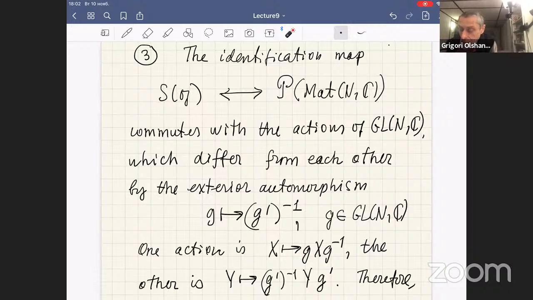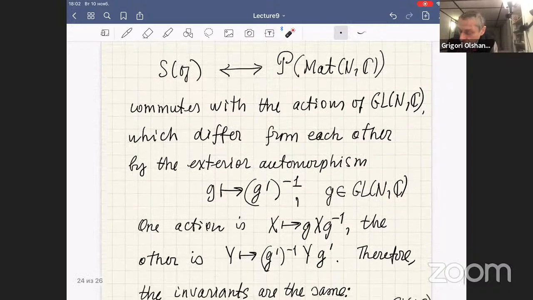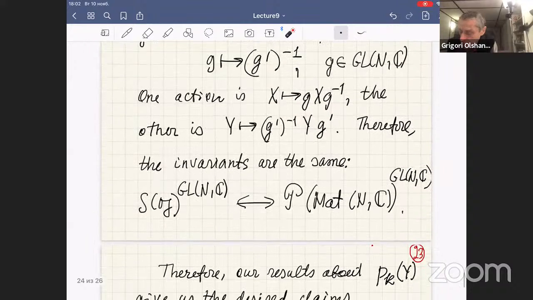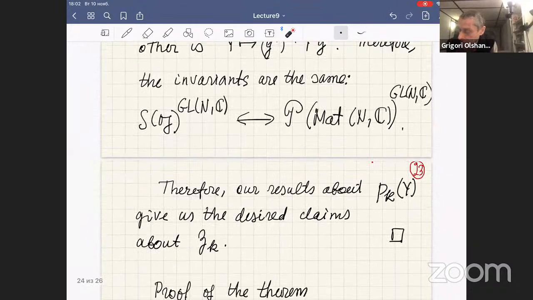So we can apply our argument and conclude that these elements are indeed invariants, and the first n elements produce an algebraically independent system of generators of the subalgebra of invariants in the symmetric algebra.